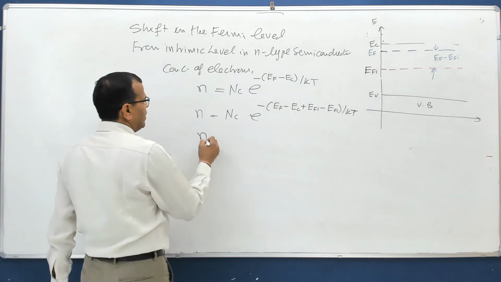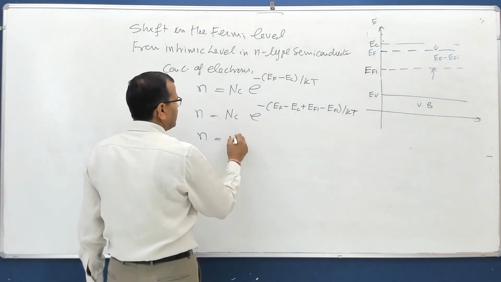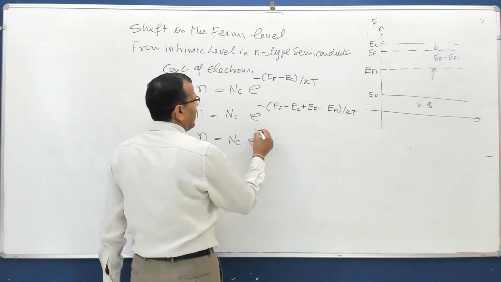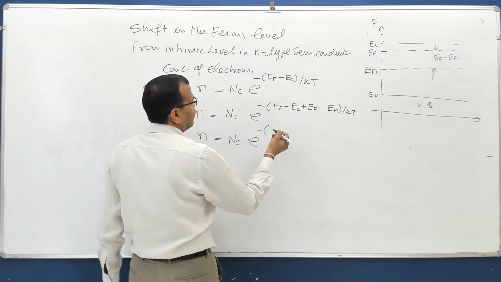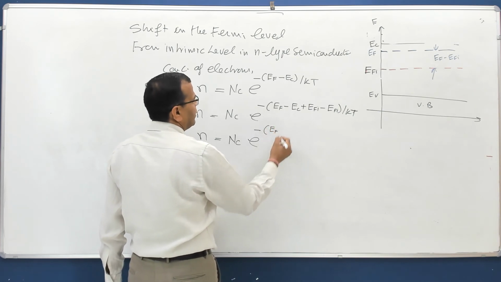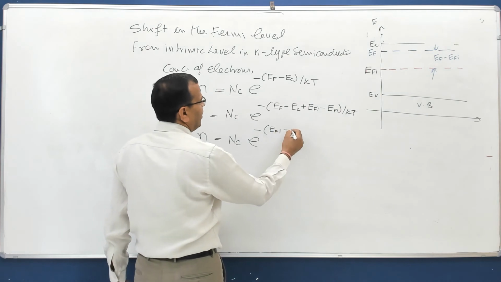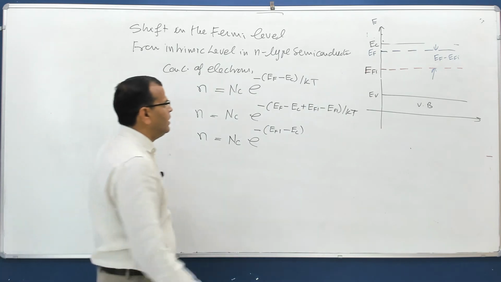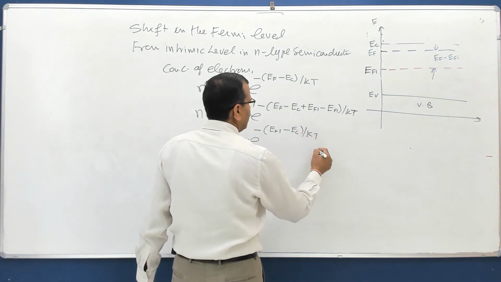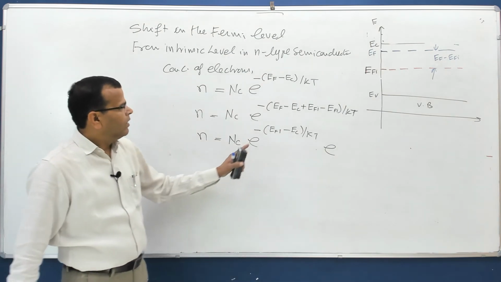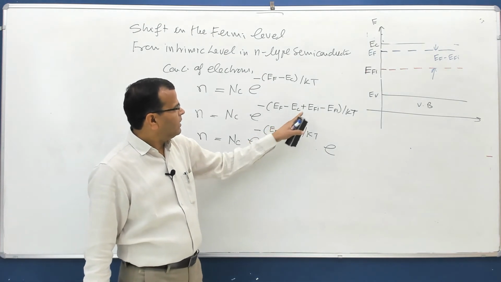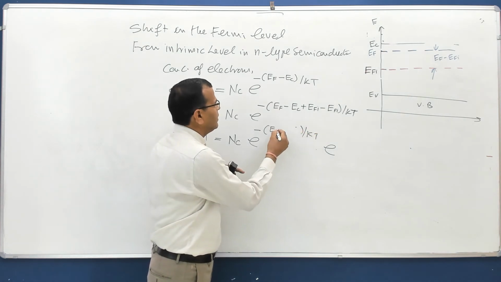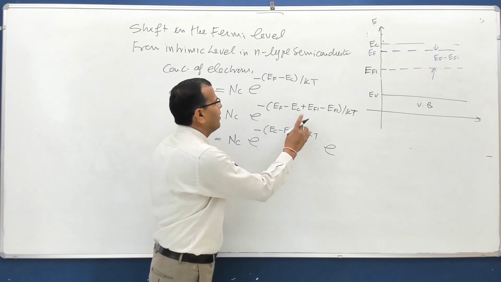Now you can write n is equal to Nc times e raised to the power minus EFI minus EC by kT, into e raised to the power EFI minus EF by kT.